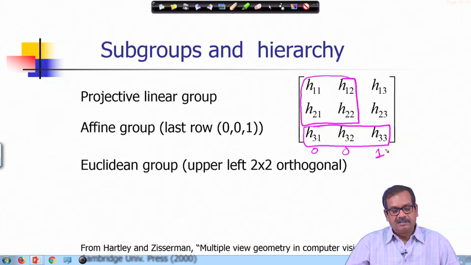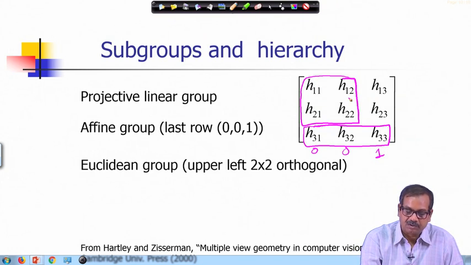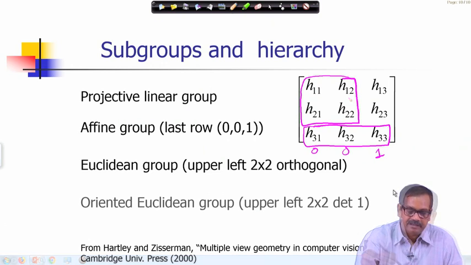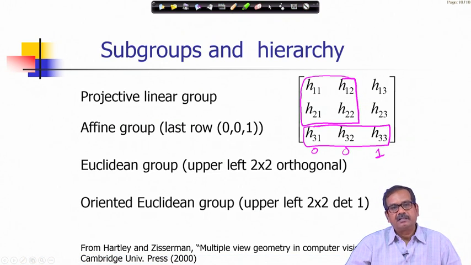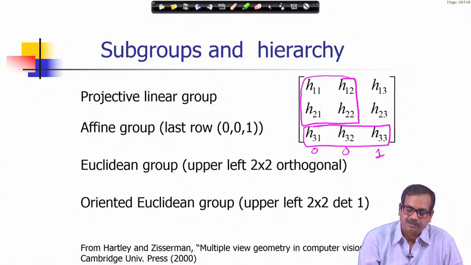That forms the affine group, and a special class of affine group becomes Euclidean when this submatrix is orthogonal. Finally, another subgroup, a special class of the Euclidean group, is called the oriented Euclidean group, if the determinant of the upper left 2 cross 2 submatrix is equal to 1.